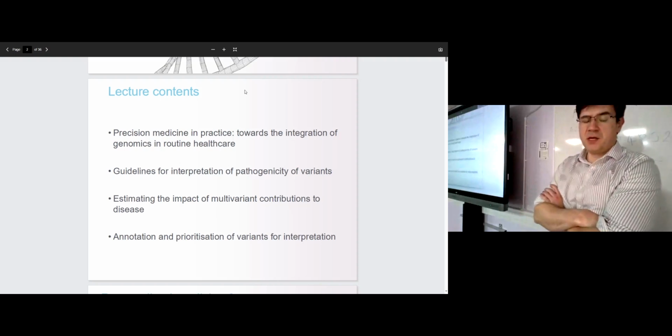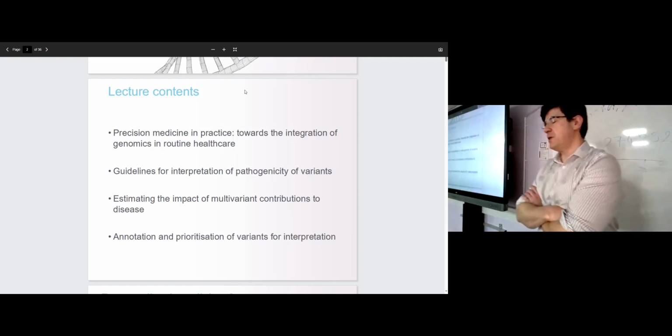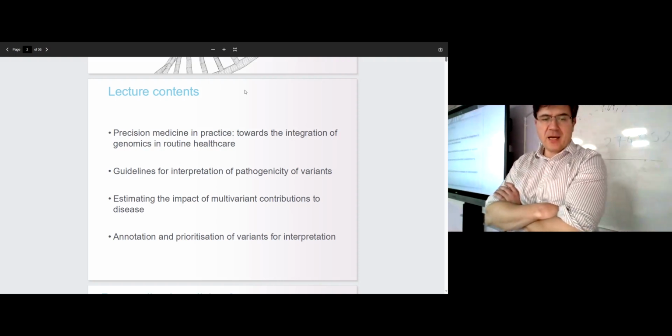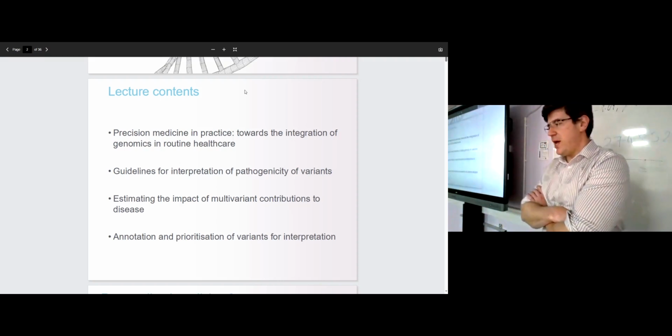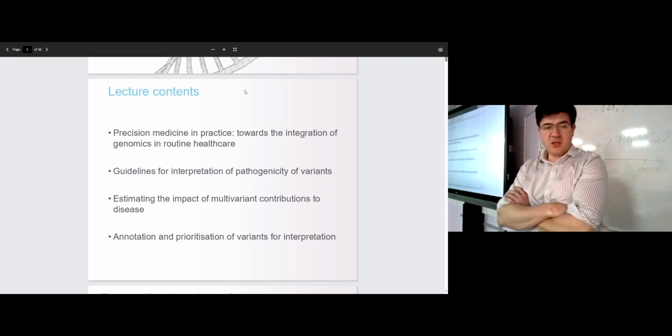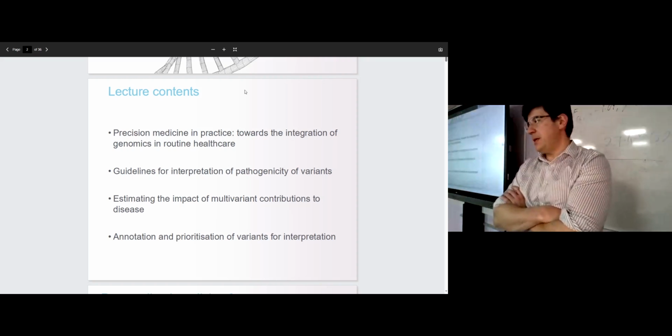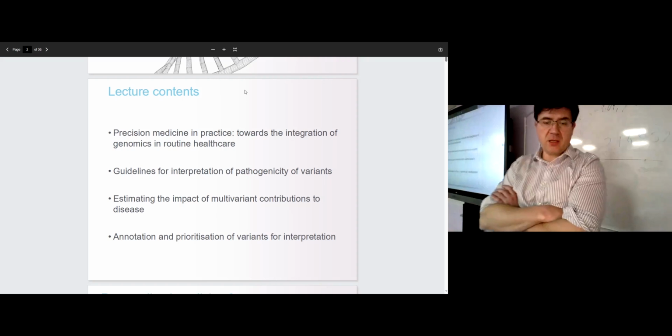I'm going to give you a very brief presentation of how currently in the clinic the genetic data is used to help diagnose patients, and how we interpret and classify the bits of DNA that are potentially pathogenic.